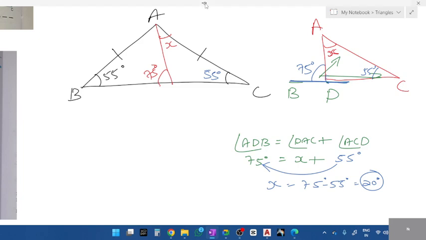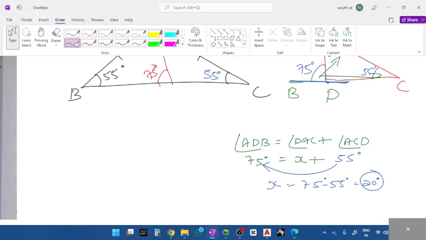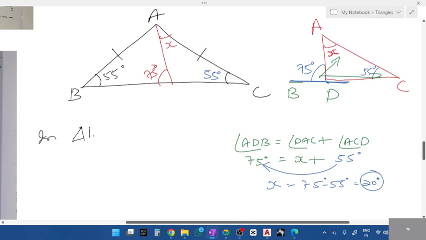Before writing this, just mention in triangle ABC, students, the outer triangle, the exterior one, in triangle ABC, angle B is equals to angle C, that is equal to 55 degrees. Start like this.